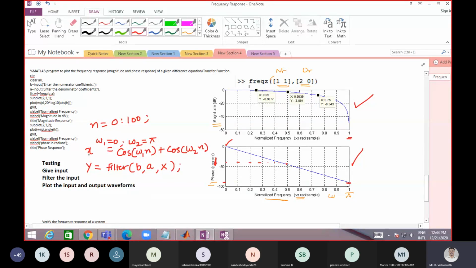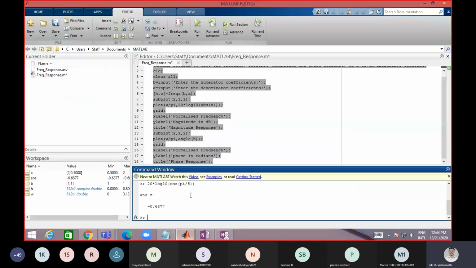Okay, so now you have the input, you have the output. So you can plot these curves in the same figure. That is, input you can plot and you can plot the output and you can compare. So we'll do this particular part now.